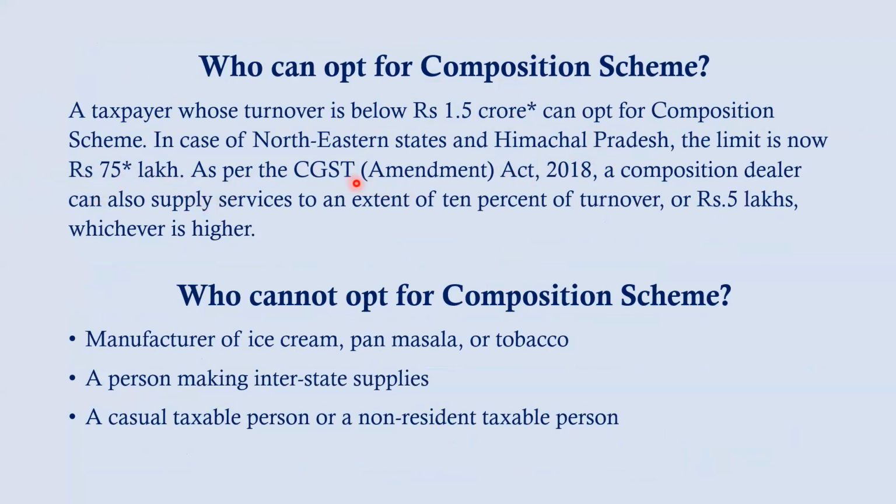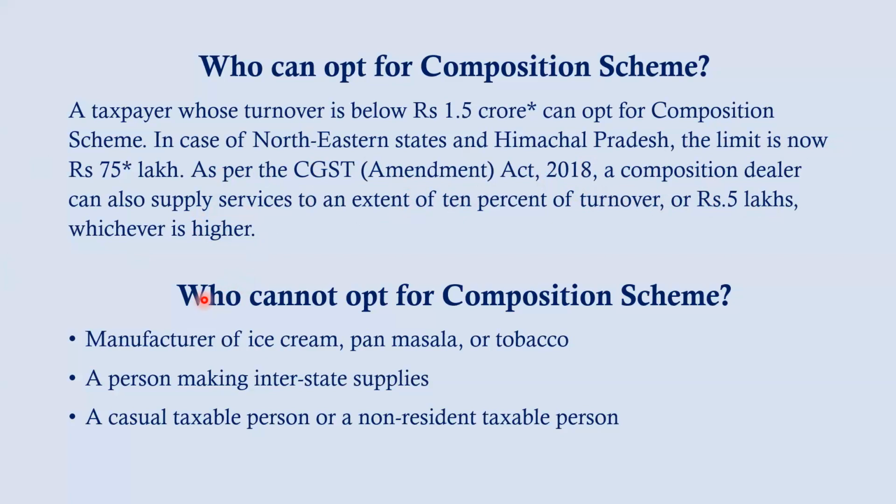As per your CGST Amendment Act of 2018, a composition dealer can also supply services to an extent of 10% of the turnover or rupees 5 lakhs, whichever is highest.